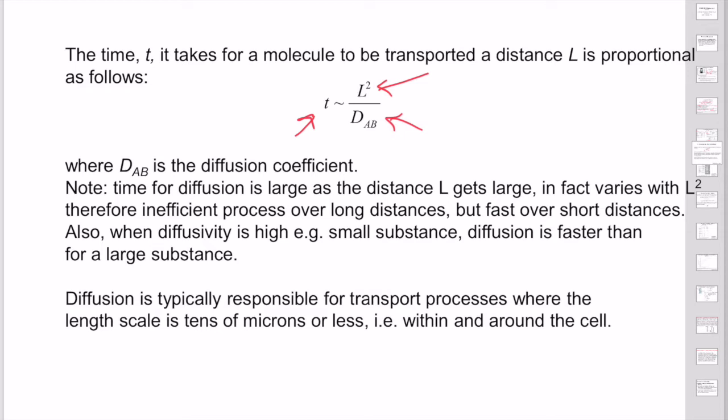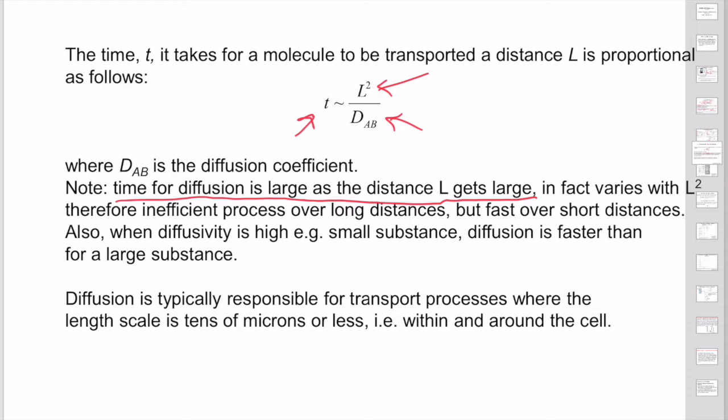So what that means is that the time for diffusion gets large as the distance gets large, because it's L squared. And so diffusion is important at small distances and less important at larger distances. And that makes intuitive physical sense.